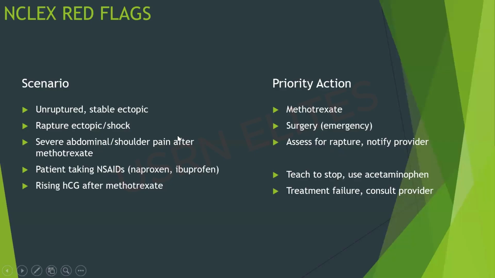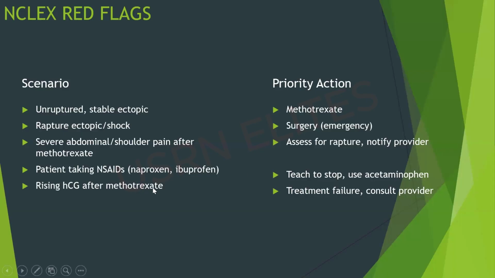When the patient is experiencing this, assess for rupture and notify your provider, prepare for surgery. Patient taking NSAIDs, we teach to stop the drug and use what? Acetaminophen. We said we don't go beyond acetaminophen in ectopic.